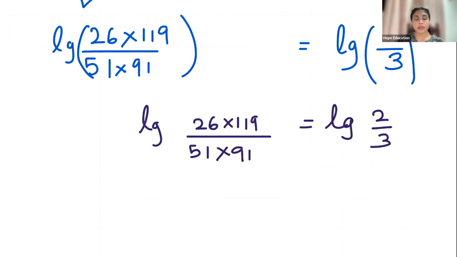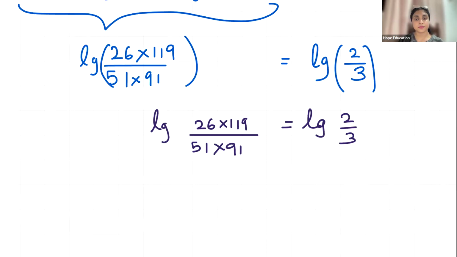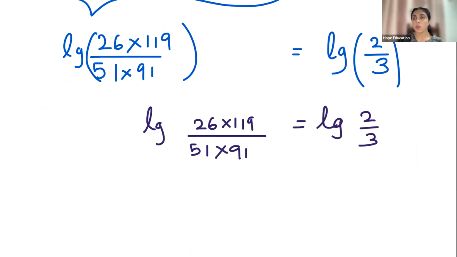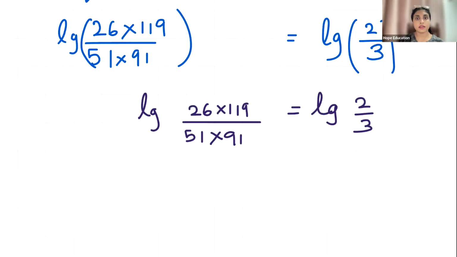What is getting cancelled here? 26 multiplied by 119. 6, 7, 8. This one doesn't cancel.